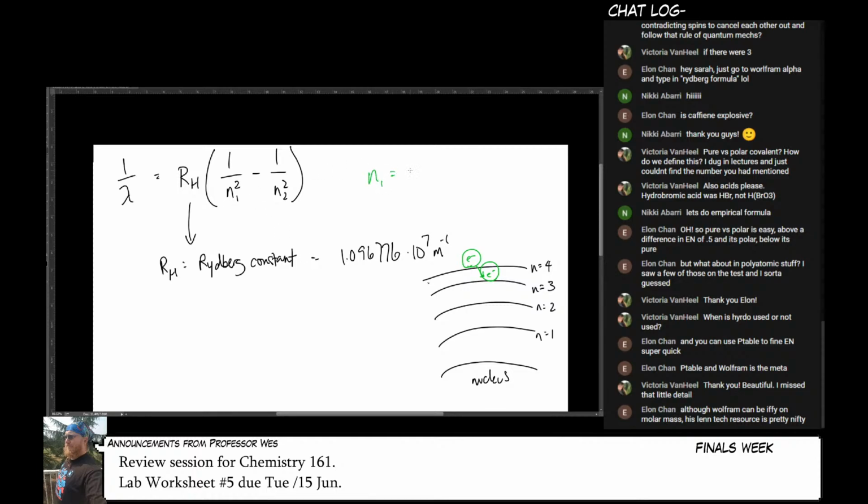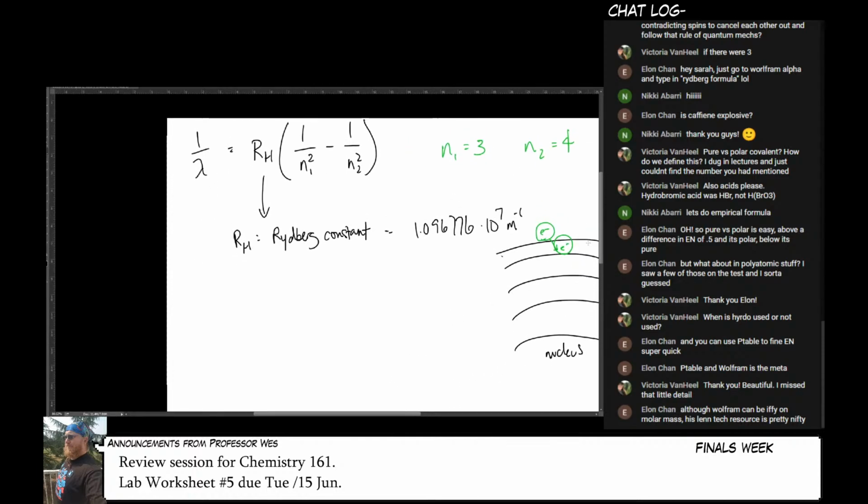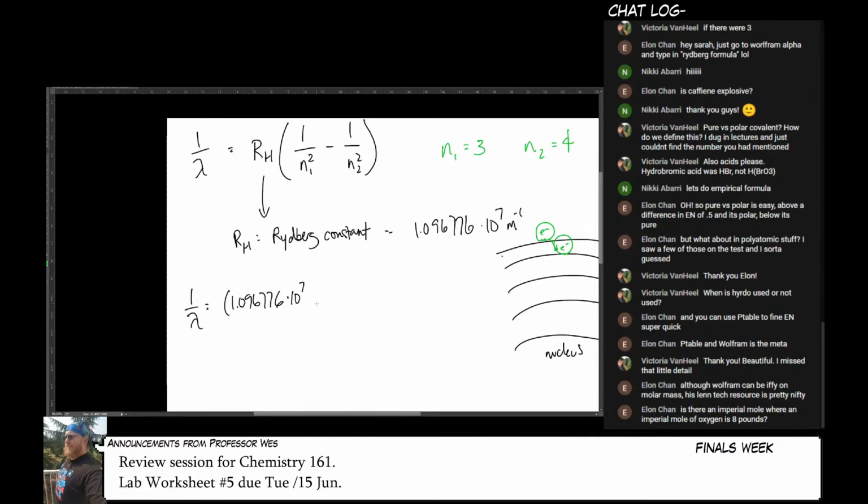So n1 will be 3, and n2 will be 4. And so I can calculate that by saying 1 over lambda times 1 over 3 squared minus 1 over 4 squared.